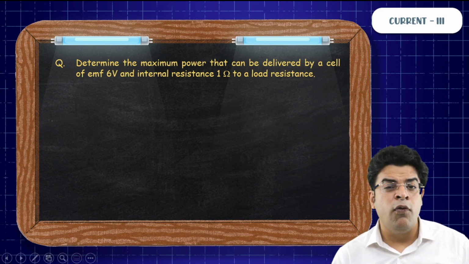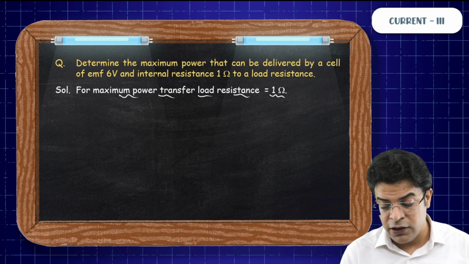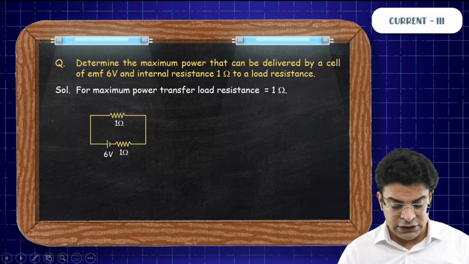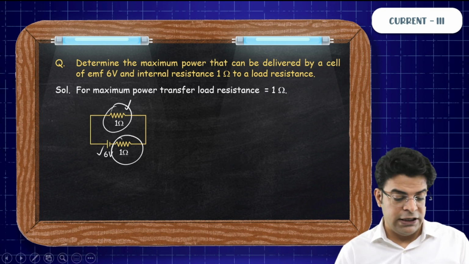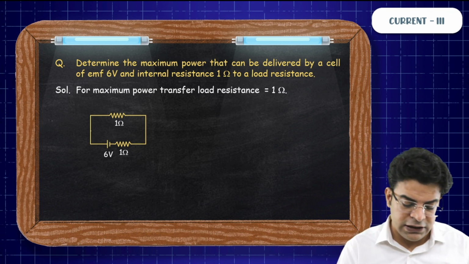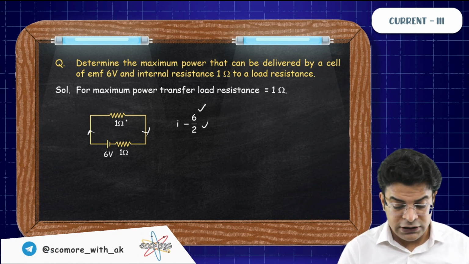Or you can go from the basic. For maximum power transfer, the load resistance should be equal to the internal resistance, which is given as 1 ohm. So visualize a circuit in which the load resistance is the same as the internal resistance of the cell. What will be the current flowing in this circuit? The current has to be equal to 6 upon the resistance of the circuit, 1 plus 1, 2.